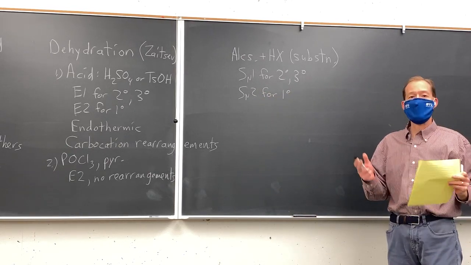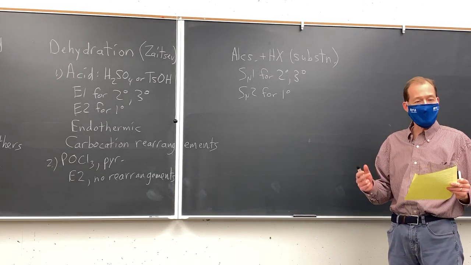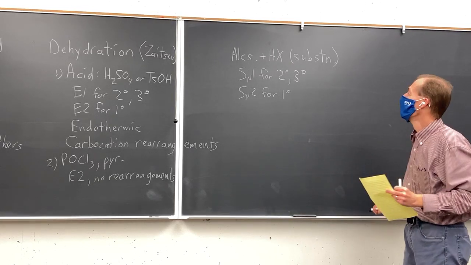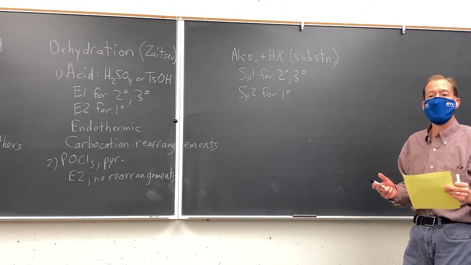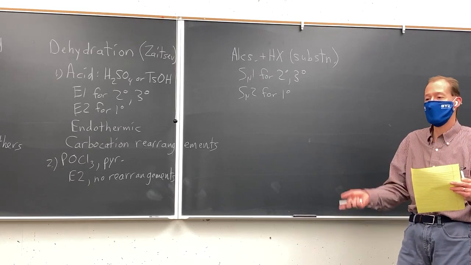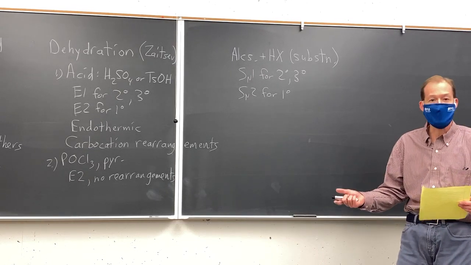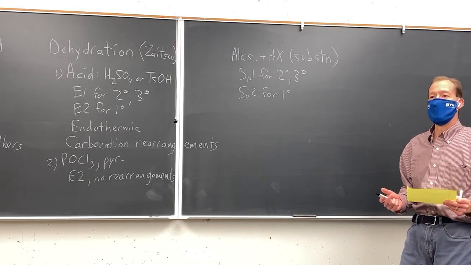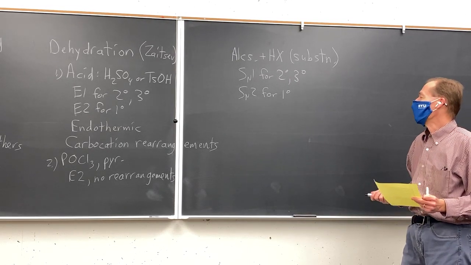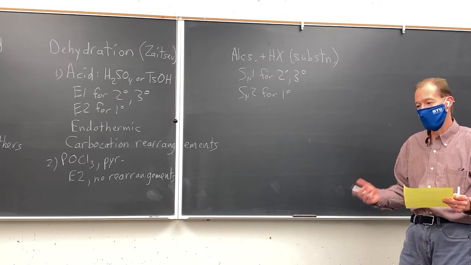And this is a challenging topic to understand because in all other instances that I'm aware of, SN2 reactions are faster than SN1. But when alcohols react with HX, the more substituted alcohols react faster, and the SN1 pathways are faster than the SN2 pathways. So it's the only reaction I'm aware of where that happens. It's a difficult concept to understand and to explain.